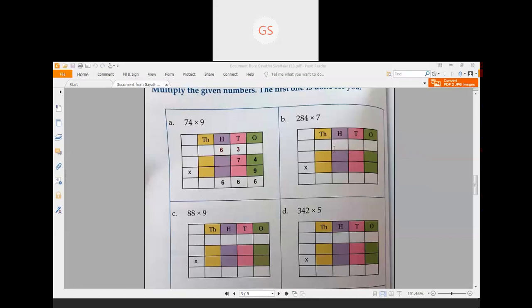I'm writing here 8, 4, and 7. Am I right? Is that correct? I want Mastan.